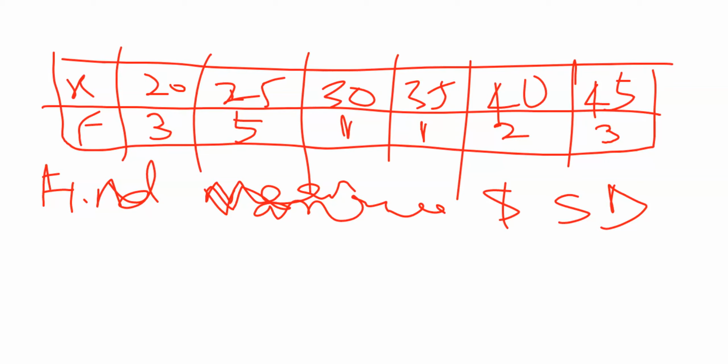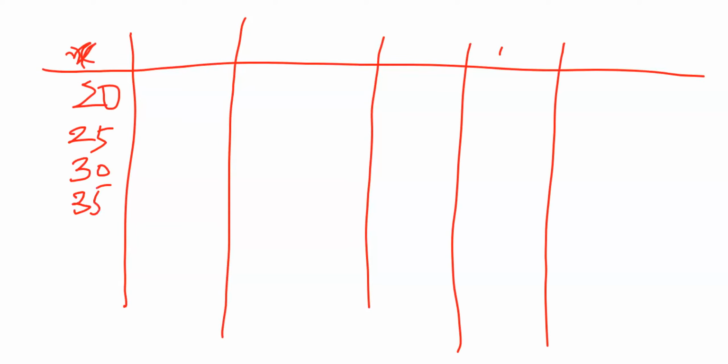Good. Now, solution, as we know before. We'll go this way, one column, another one. These are X: 20 up to 40, 45.